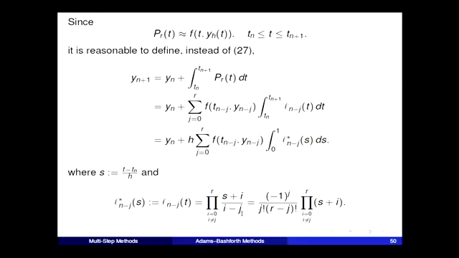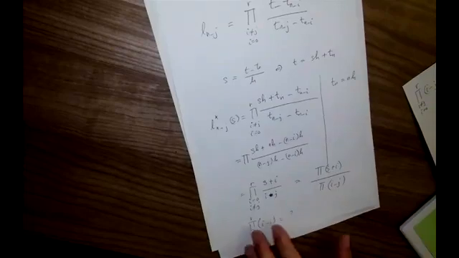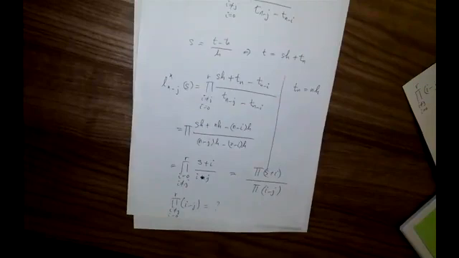So last time, I think I did some calculation to illustrate the step here. Let me expand this calculation a bit more. So the L star is obtained by replacing s using this transformation, yeah? So you define s as (t minus t_n) over h, okay?